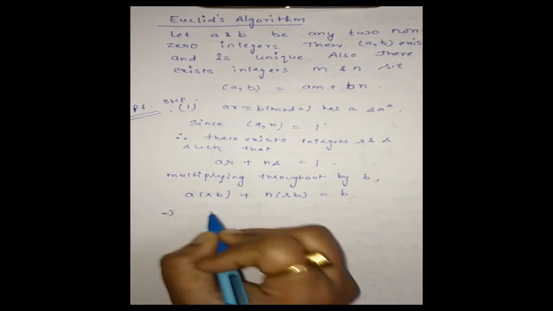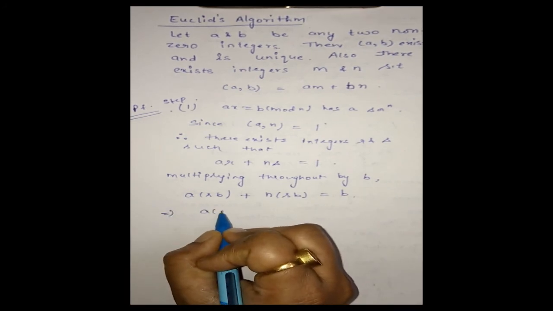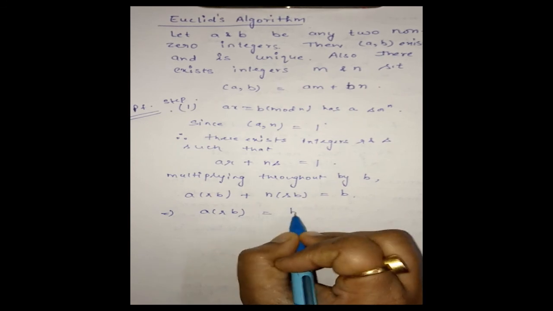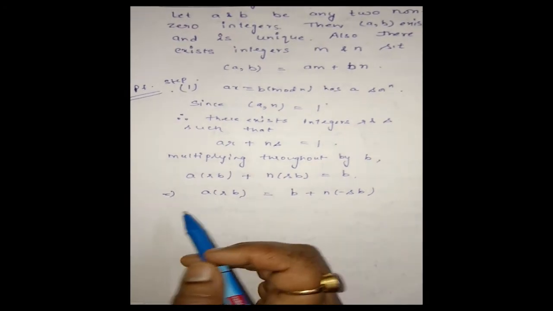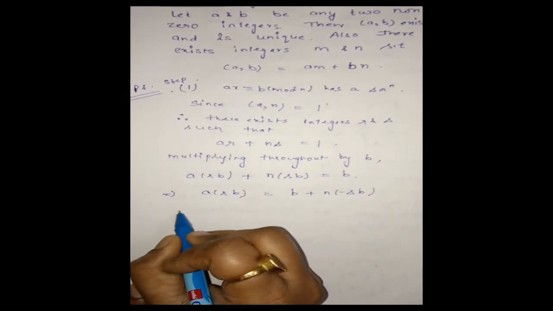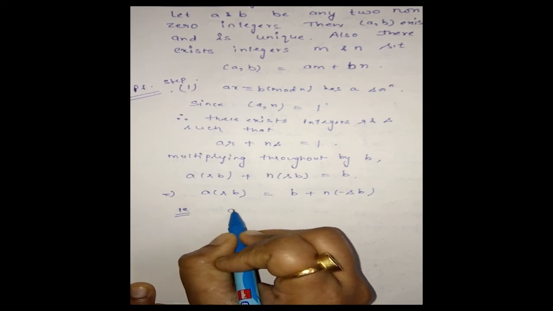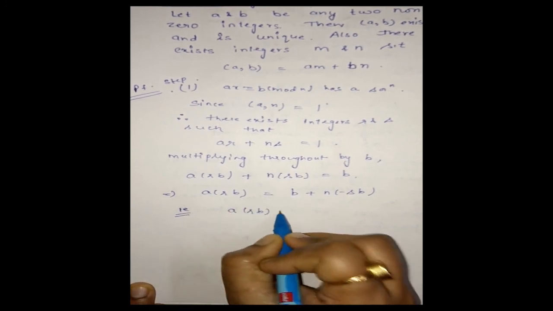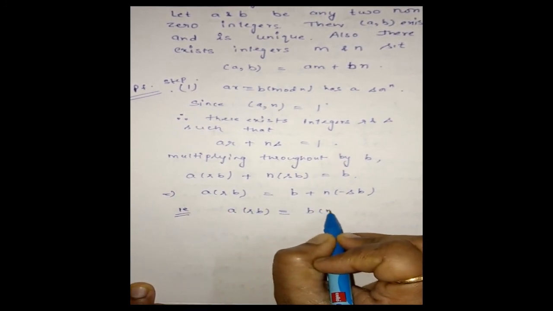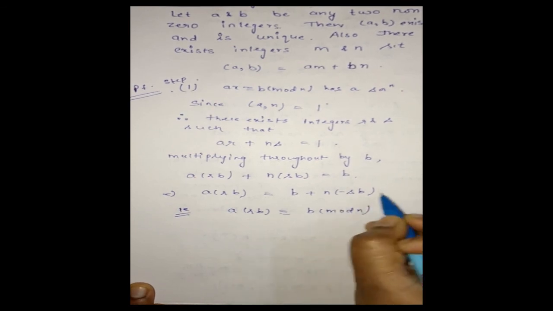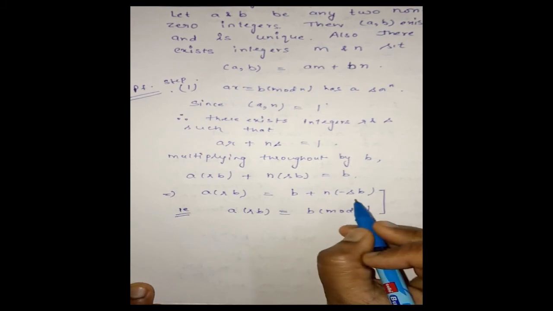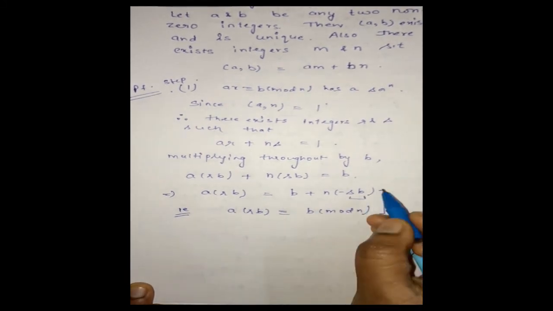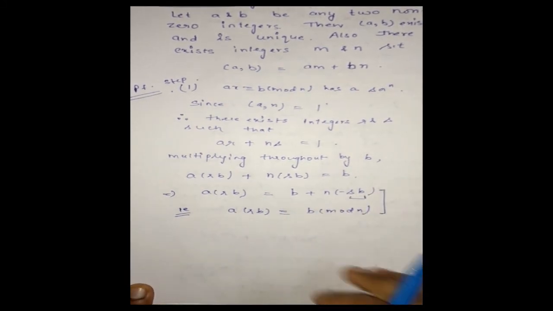Or we can write this as a into rb is equal to b plus n into minus sb, taking the minus inside the bracket. This is nothing but a into rb is congruent to b modulo n. From here I get n divides a into rb minus b. This is some integer only.